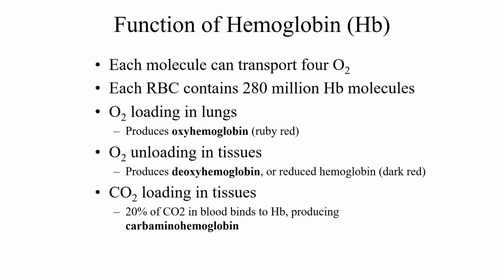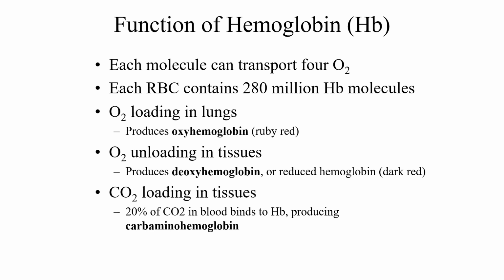We're going to multiply 280 million by 4, and we get 1.12 billion oxygen molecules that can be contained in 1 red blood cell. That is a lot. This incredible oxygen carrying capacity is what allows your blood to efficiently transport oxygen from the lungs to the tissues throughout the body.